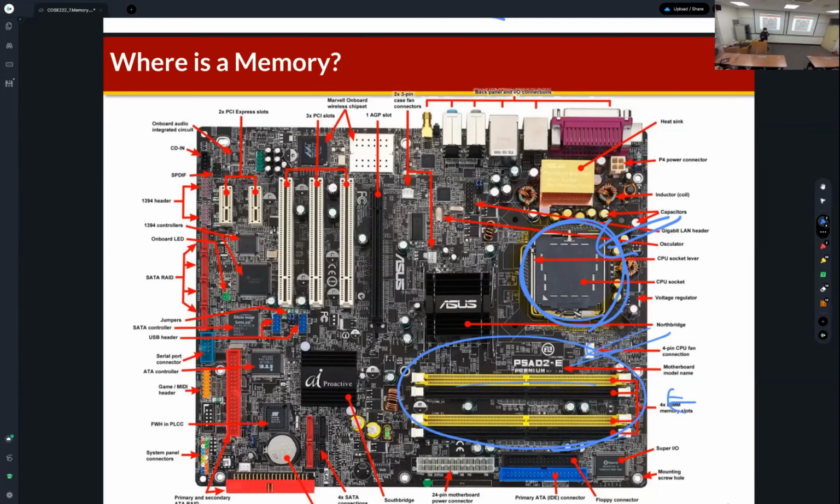Memory has the DIMM form factor, and we just insert the memory DIMMs into these slots. So in the computer system, the CPU, the processor, is here, and the memory is here. But as you can see, the size of the processor is very large. Also, the size of the memory is very large, right?